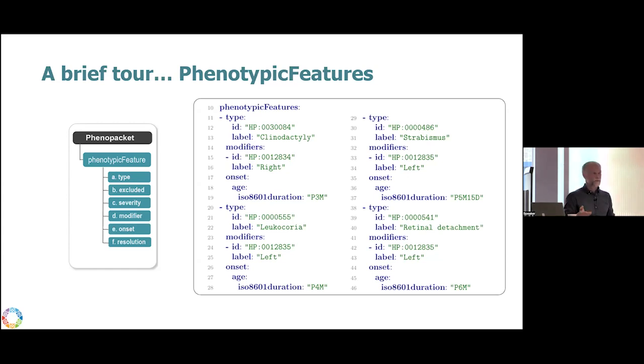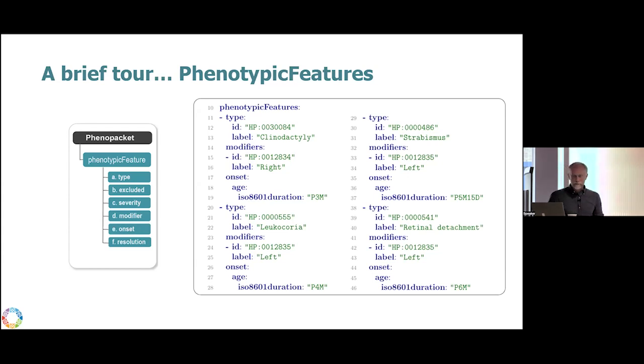But in this case, for a phenotypic feature, you don't tend to say it happened exactly 12 o'clock on Monday. In this case, we've got an ISO 8601 duration, so back when they were 4 months old. So this is what P4M means. You can also give a range, so you can say between 6 and 12 months, or you can give it an ontology term to say whatever that might be describing. So there's a lot of different ways that you can use this. You can use the schema to say things in more precise or less precise terms as you need it.